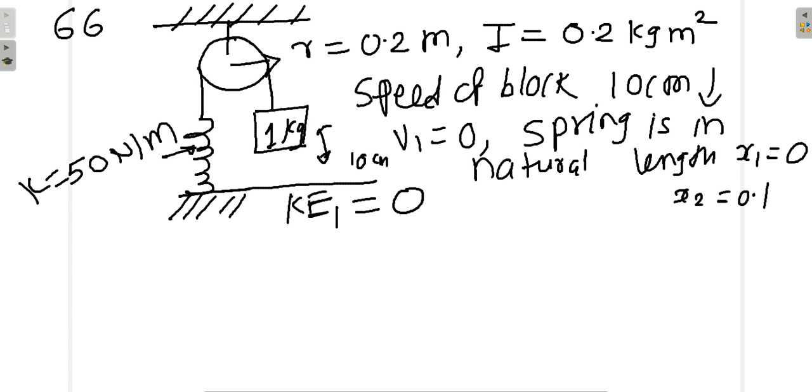The kinetic energy of the block will be half m v square, where v is the final velocity, and the kinetic energy of the pulley will be half I omega square.